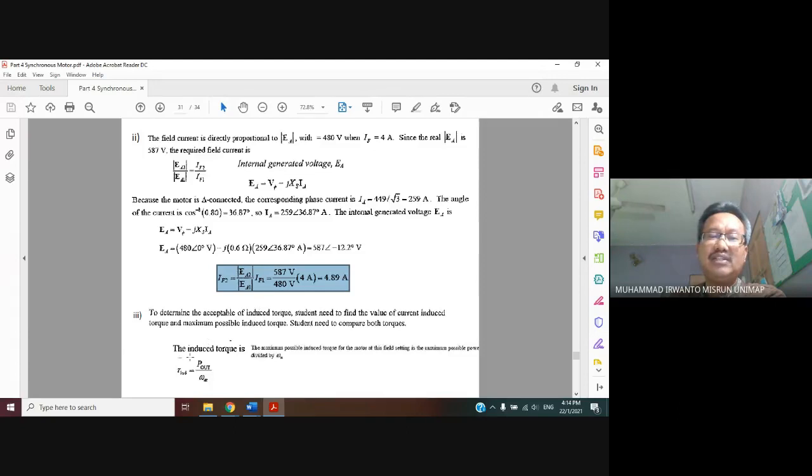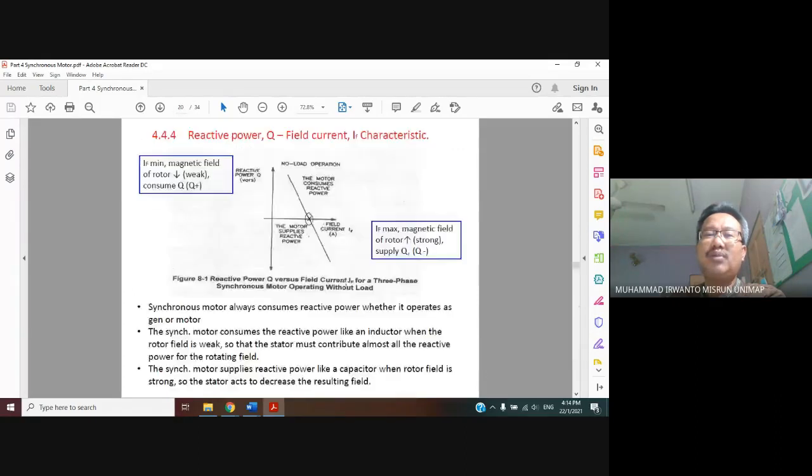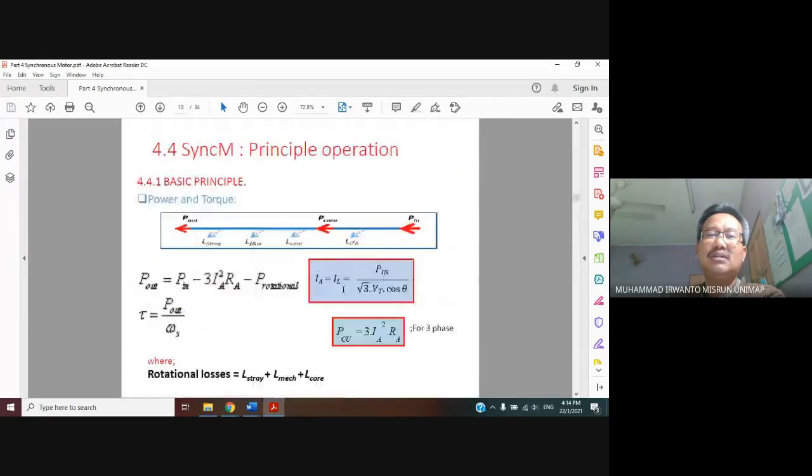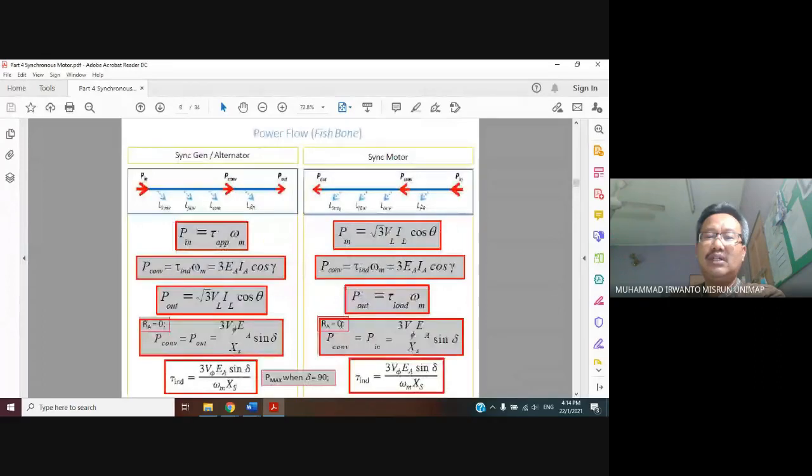The induced torque is given by this one. It comes from the output power. Remember from this formulation, the induced torque for the synchronous generator and synchronous motor formulation is the same, and the converted power is also the same.